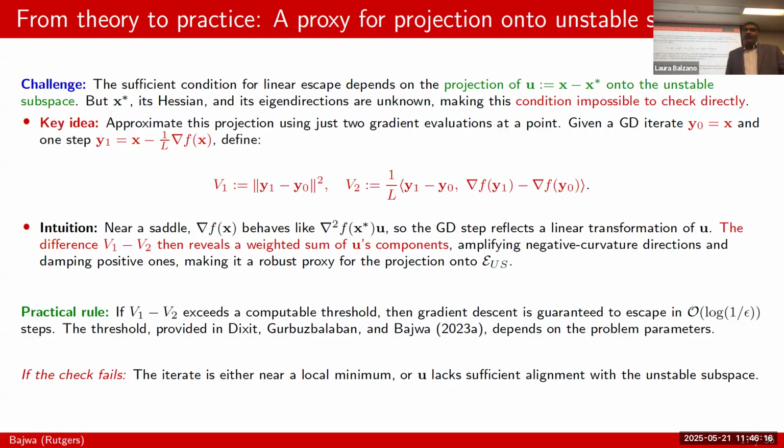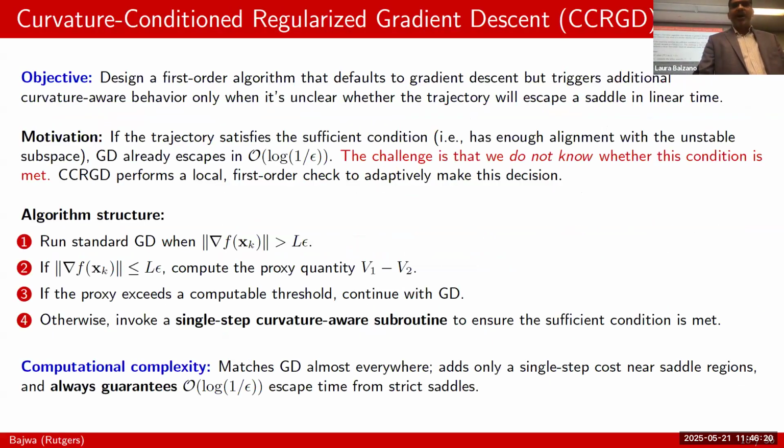And if you are at a local minima, life is good. But if you are not satisfying, we provide this algorithm, we call it CCRGD, which is simply do gradient descent. Once your gradient norm becomes too small, now you don't know whether you are at a local minima or at a strict saddle.